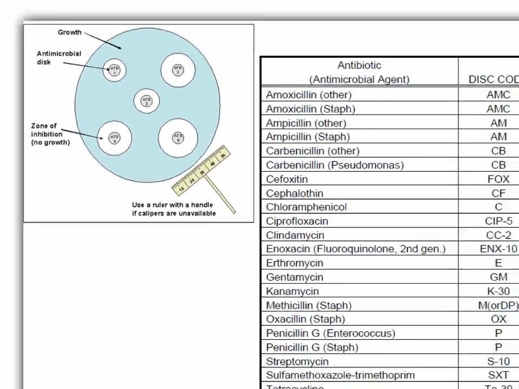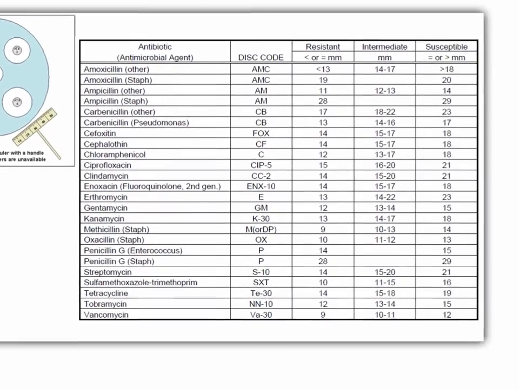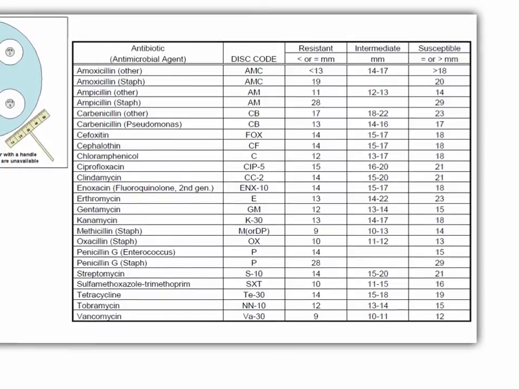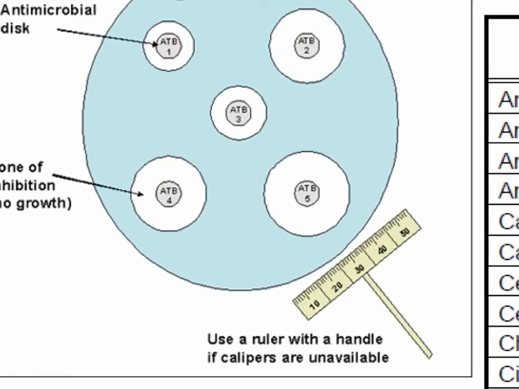Now these charts were made through regression analysis, so they're not perfect, and they're not going to be exactly specific for your microbe, but they're going to be very close. The reason you need a chart is because, well, let's go back and look. Let's say that this is one antibiotic, and let's say that it actually diffuses out this far because it's a really small molecule. Of course, it's going to be in low concentrations out this far, but let's say it diffused out this far, and you're only actually inhibiting the bacteria at the extremely highest concentration.